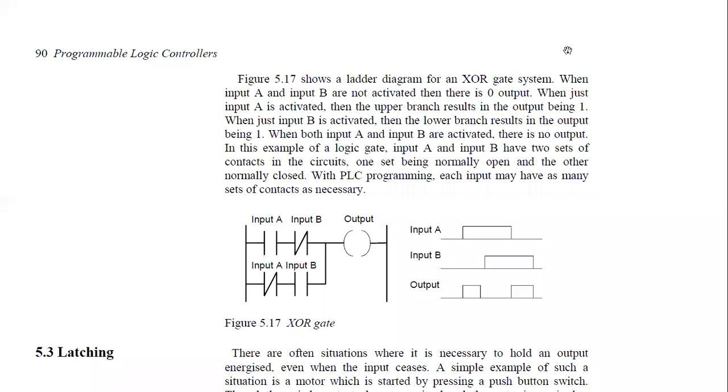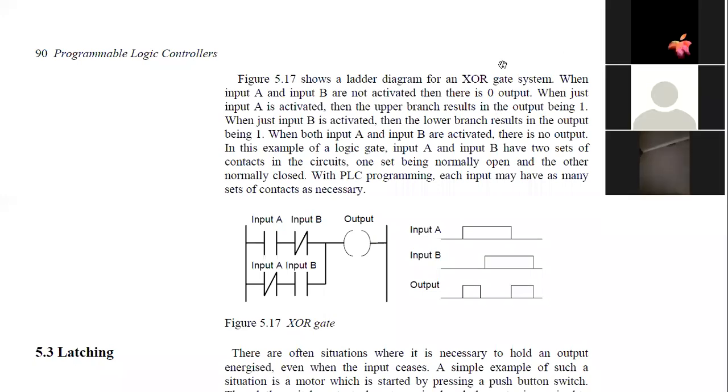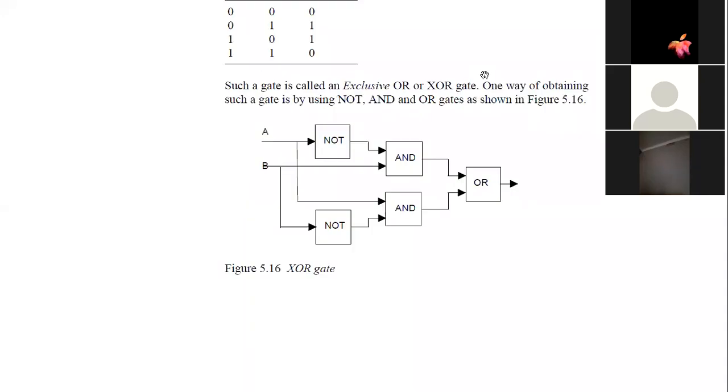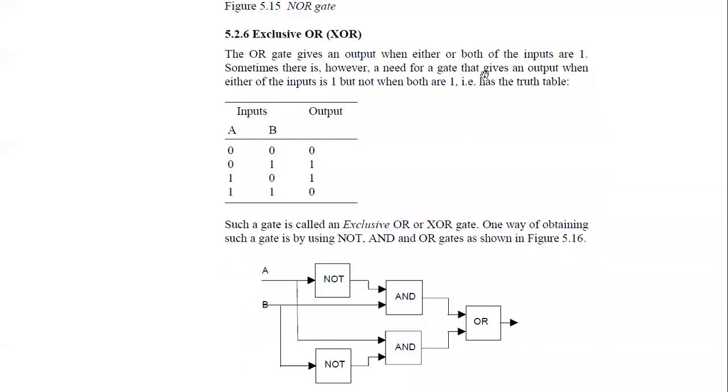With the exclusive OR, that is the exclusive OR gate, we're just going to pick up from where we left off. This type of gate, the exclusive OR, only gives an output when either of the inputs is on.